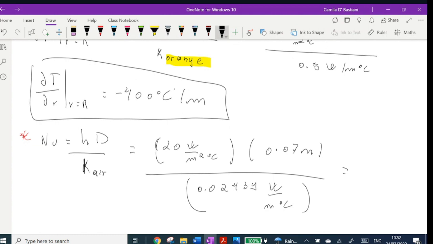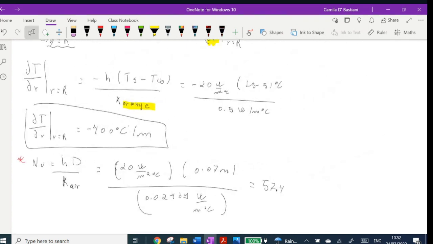So my Nusselt number is going to be 57.4. Any questions on this one?